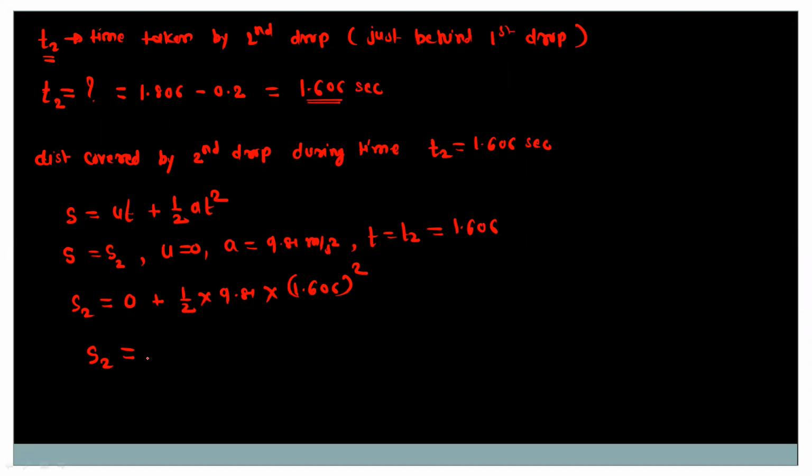So this is equal to 12.651. Okay. That means if we refer the given figure, this is the ceiling. So when first drop hits the ground, second drop will be at this position.